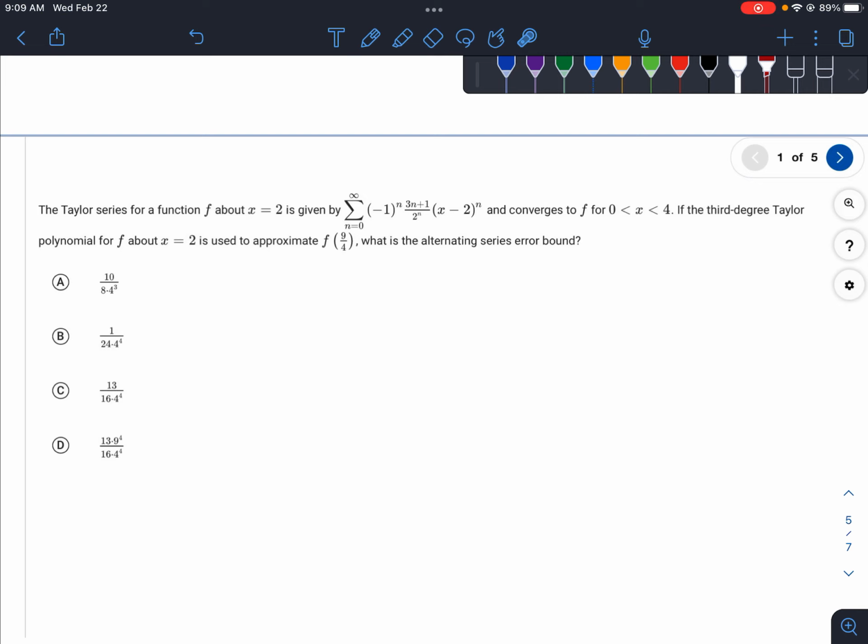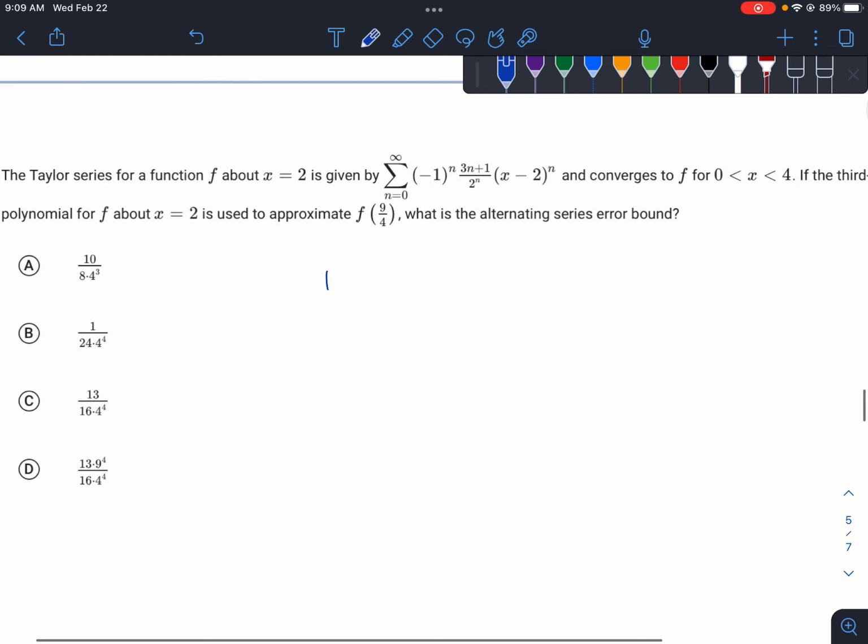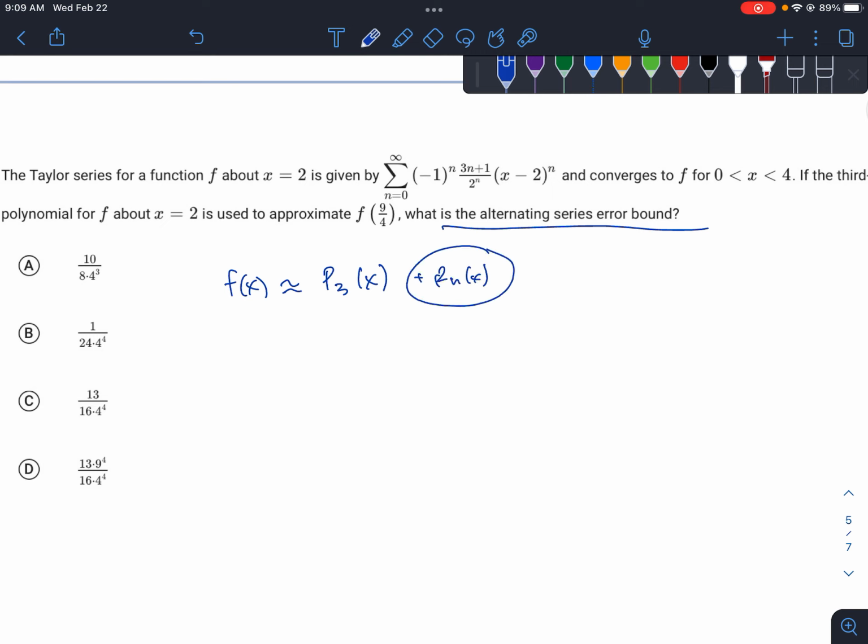Now, remember what the alternating series error bound said. In this case, we're using p sub 3 of x to approximate f of x. The alternating series error bound said that the first term of the remainder r sub n of x has to be the max error.